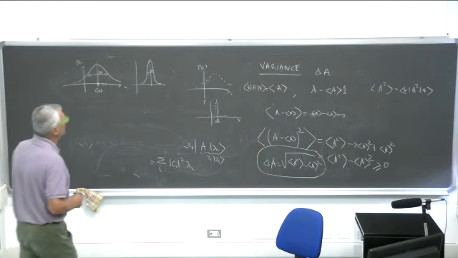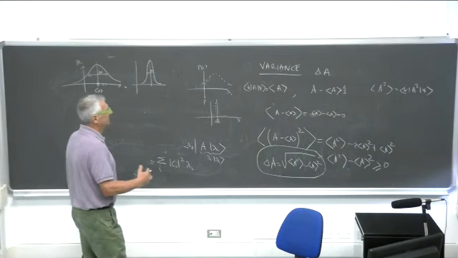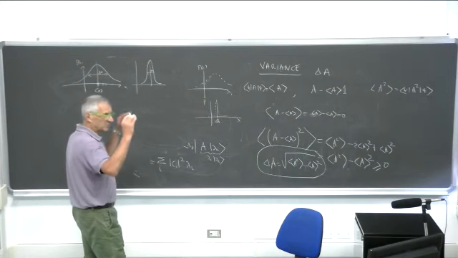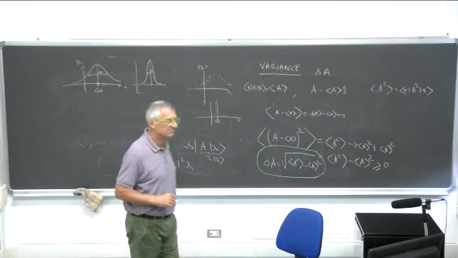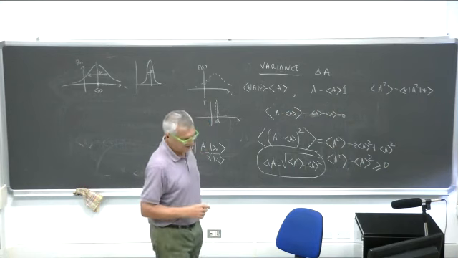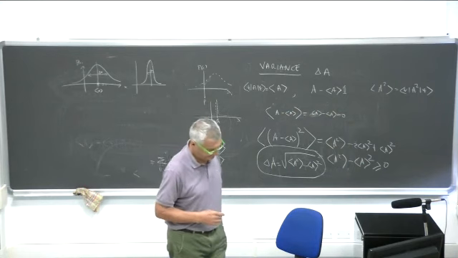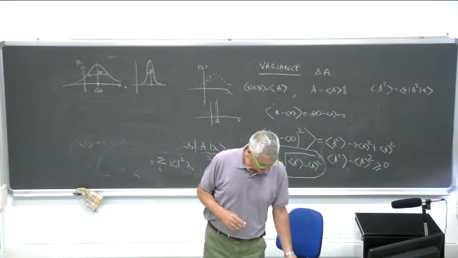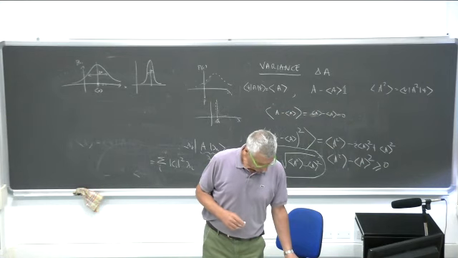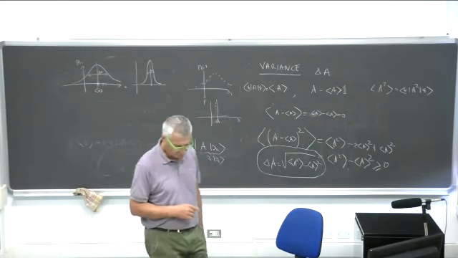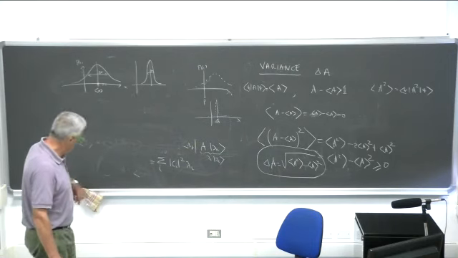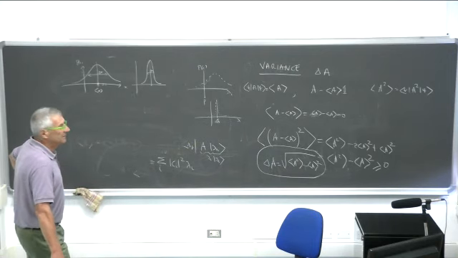So this is the meaning of this variance. It gives an idea of how much quantum, so to speak, you are far from a classical situation. Clear? Is it clear?